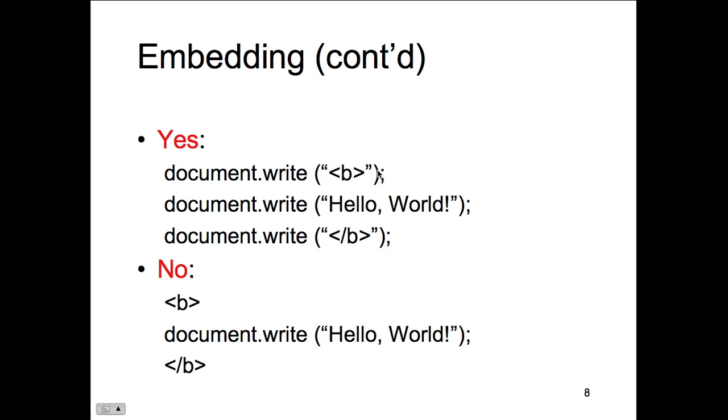This works because we're putting the HTML tags inside of the string that we're writing to the screen. This doesn't work. So we can't say bold, okay, document write hello world in the bold, because it's not inside of the string, and this is JavaScript. So JavaScript doesn't understand HTML unless the HTML is put inside of strings or something that's being written to the screen. Then it understands HTML.